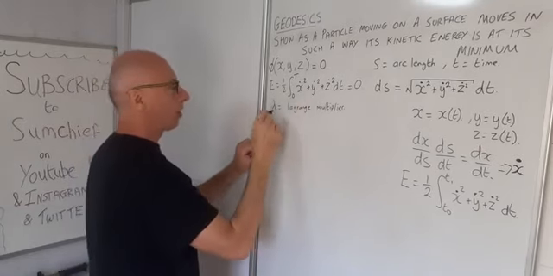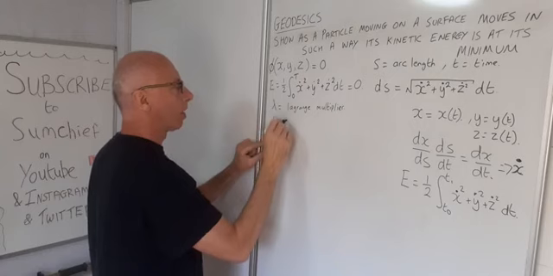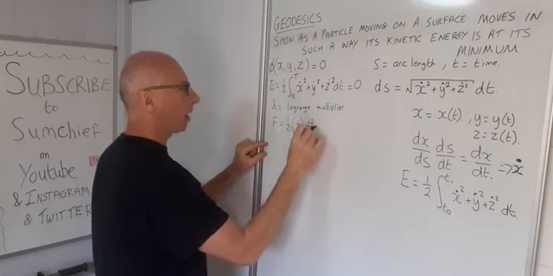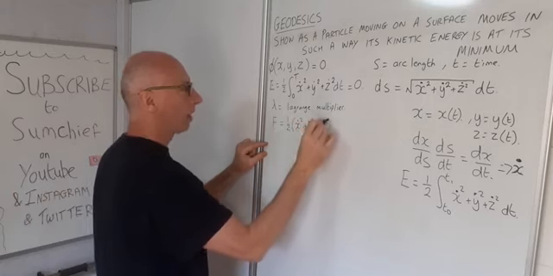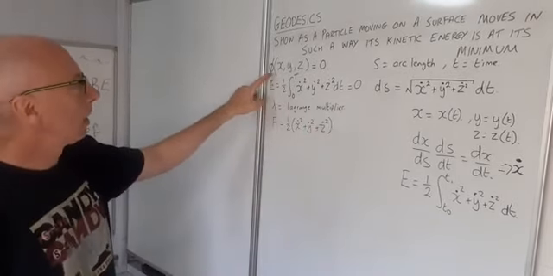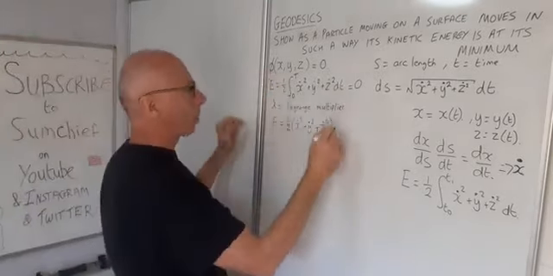So f equals this formula here. So f equals 1/2 of x dot squared plus y dot squared plus z dot squared. That's our functional. And we need phi of whatever the function is inside.